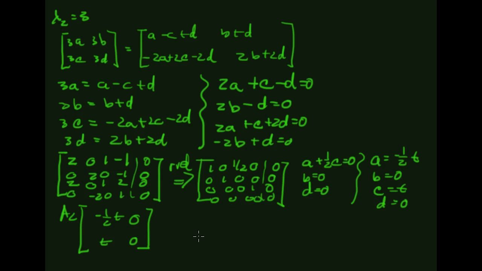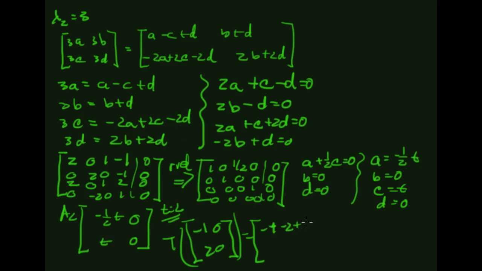All right, so let's try this for t equals 2. So we're going to do the transformation on negative 1, 0, 2, 0. All right, if I do that, I should get negative 1 minus 2 plus 0, 0 plus 0, 2 plus 4 minus 0, and then 0 plus 0, right?